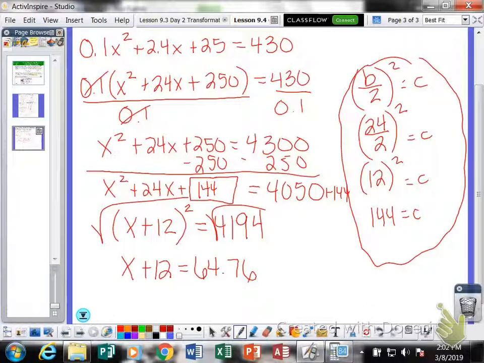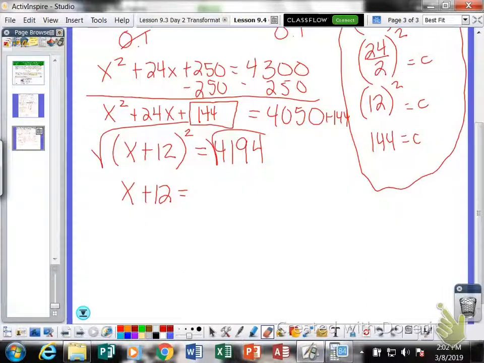Because I got this decimal, I don't really want to go there yet because I still have to subtract this 12. So let's save the rounding for the very end. I noticed that 4,194 is not a perfect square, so I'm going to leave it as the square root of 4,194, but remember it could be plus or minus that answer.